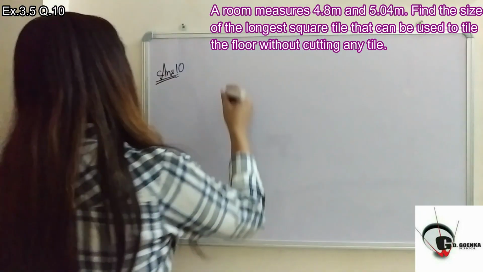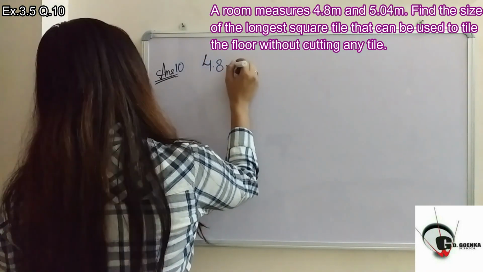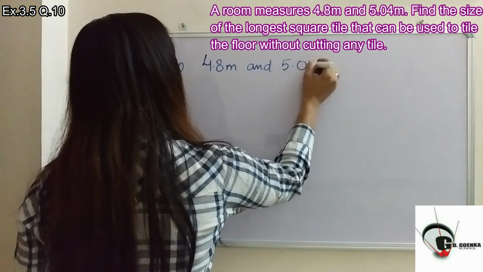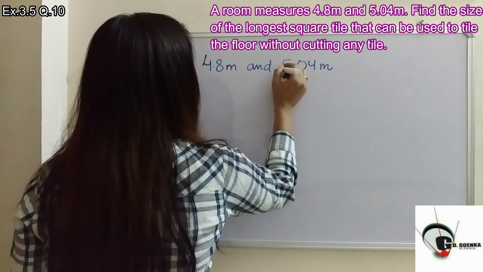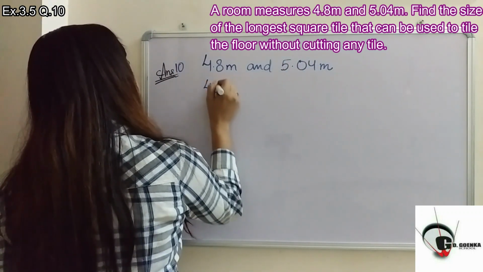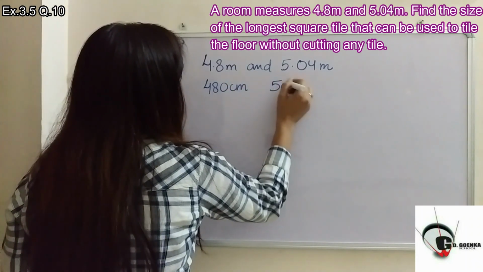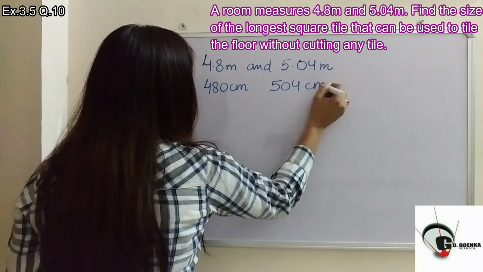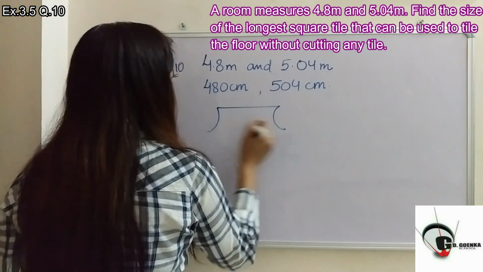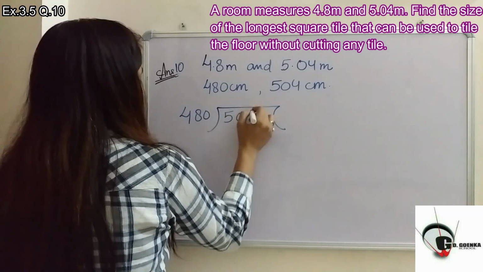Now let us see. It is 4.8 meters and 5.04 meters. Again I need to convert into simpler numbers, so it will become 400 centimeters, 480 centimeters and 504 centimeters. The smaller number will become the divisor and the bigger number will become the dividend.